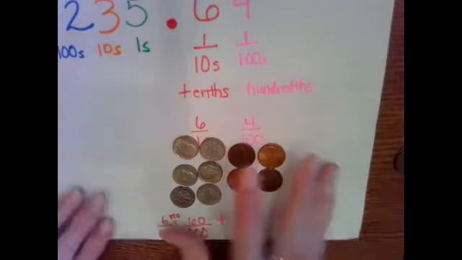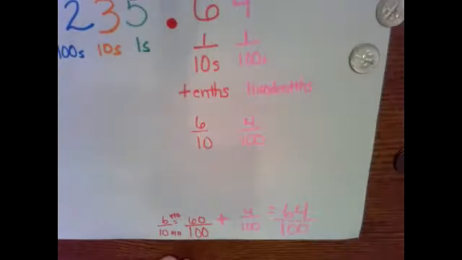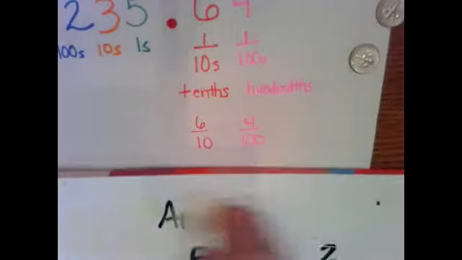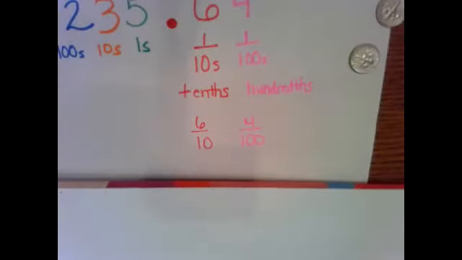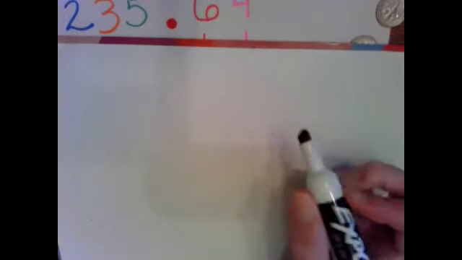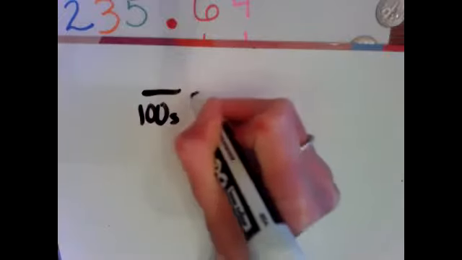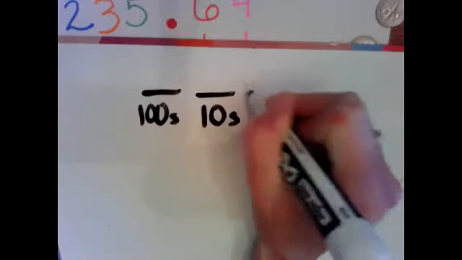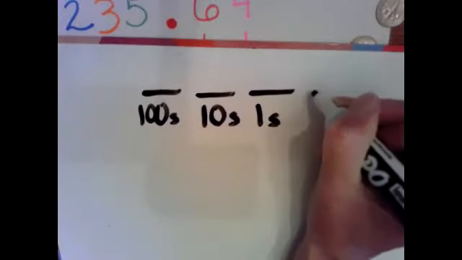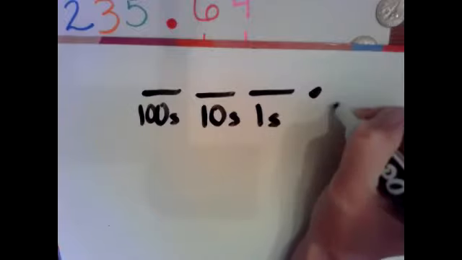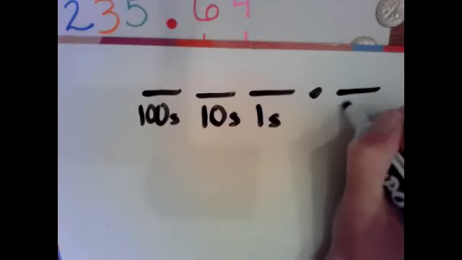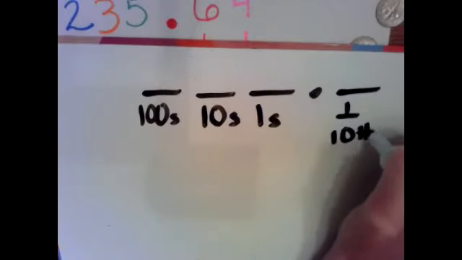Let's look at some more examples. A lot of times when we are working with decimals, they'll give you a fraction and ask you to write it as a decimal. We just learned we have our place values that we are so familiar with. We have the hundreds, we have the tens place, and we have the ones. We learned now that if we divide by 10 one more time, we have something called the tenths.